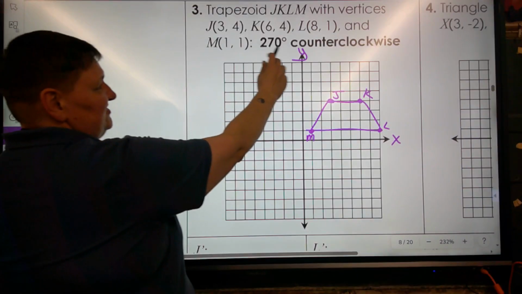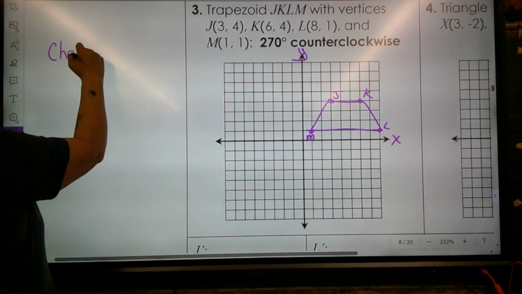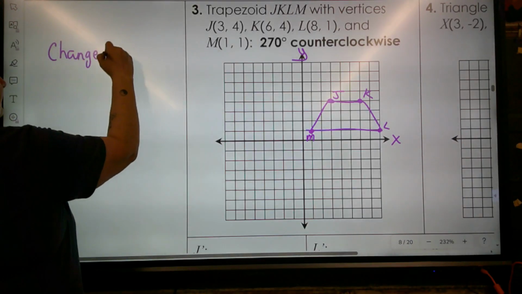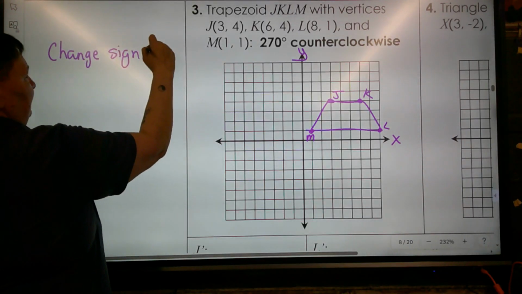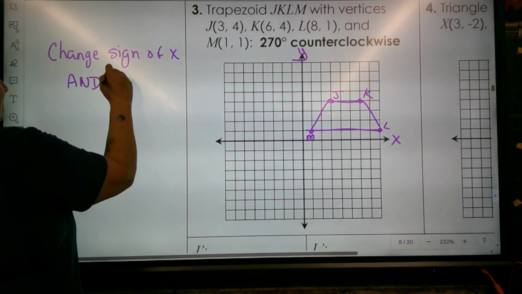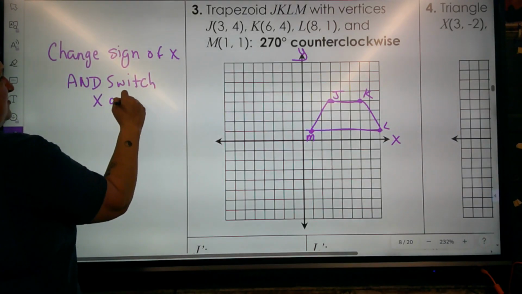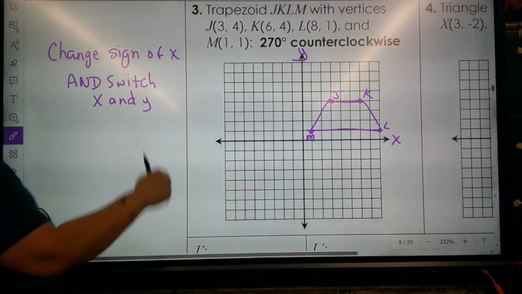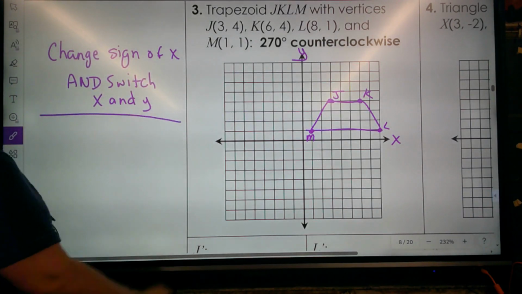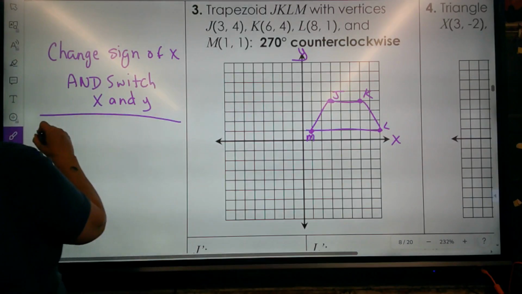We're going 270 degrees counterclockwise. So the rule for that is change the sign of the X and switch X and Y. And remember, do them in this order. Change the sign first. So we're going to change the sign of the X, so it's going to become -3.